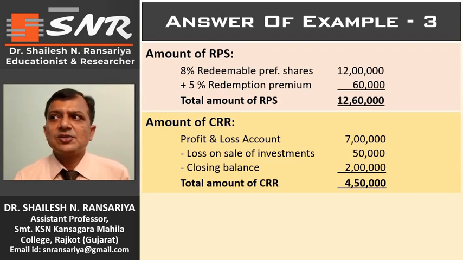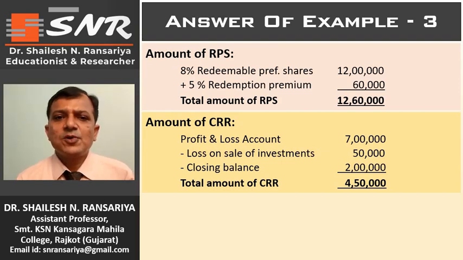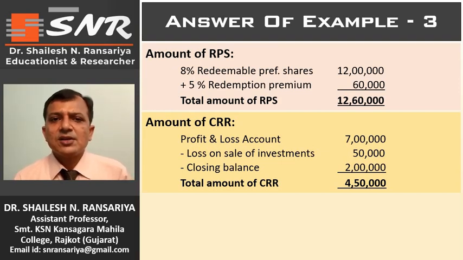So see the total value of P&L account rupees 7 lakh less loss on sale of investment 50,000, closing balance rupees 2 lakhs as per the instruction given in the example. So the remaining balance rupees 4 lakh 50,000. So we can say it is the amount of CRR rupees 4 lakh 50,000.